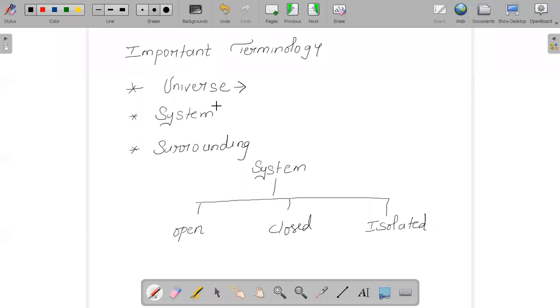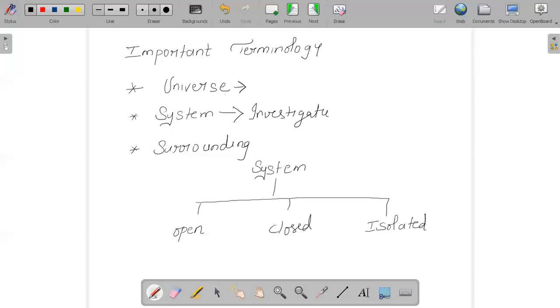So in the universe, we are learning about a system, which is nothing but a part of the universe about which we are going to make an analysis, a part of the universe that is under investigation.